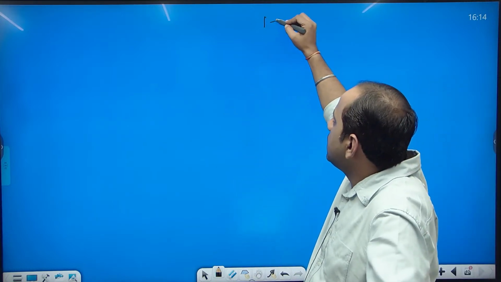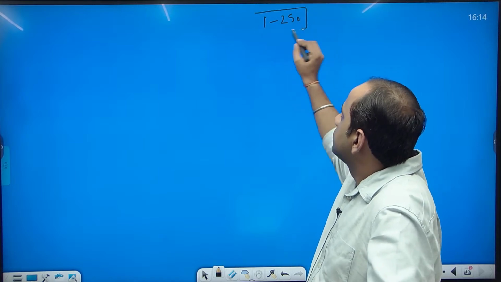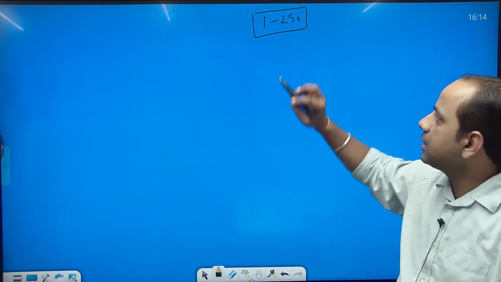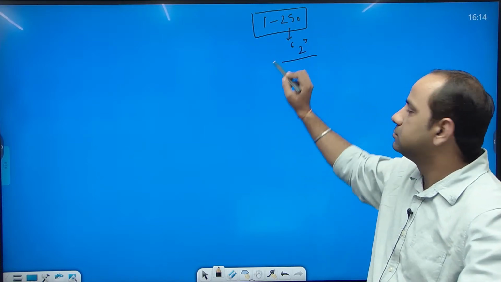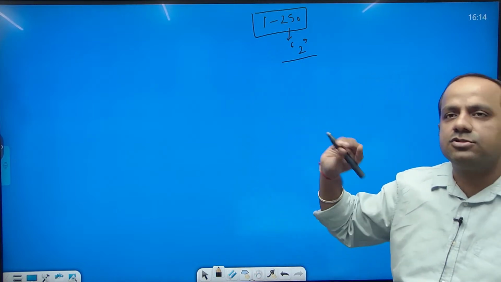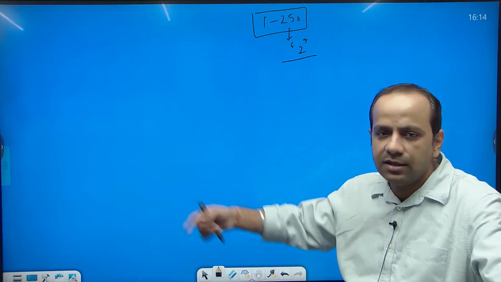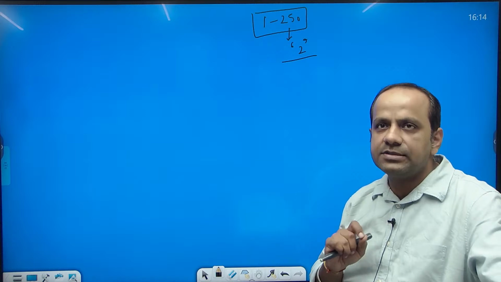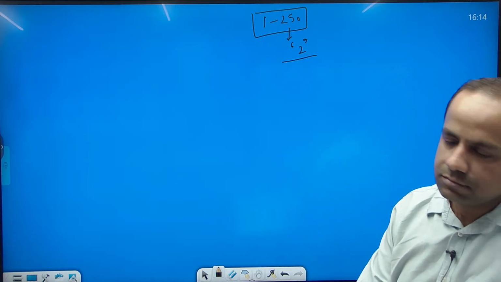If I say from 1 to 250, how many times I have to press the key with digit 2? Try this and answer your question. If I type all numbers from 1 to 250, how many times I have to press the digit 2?